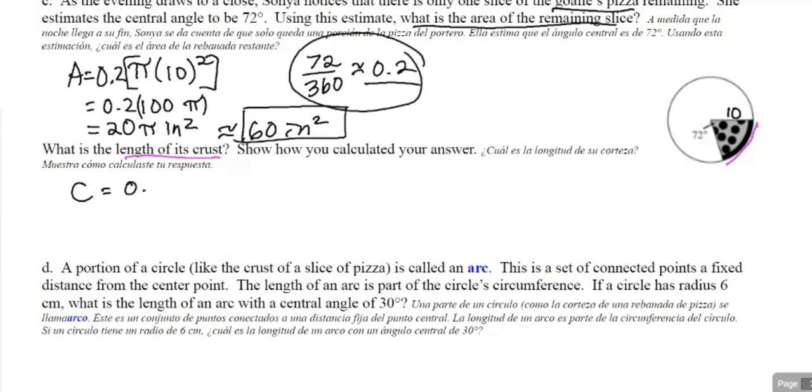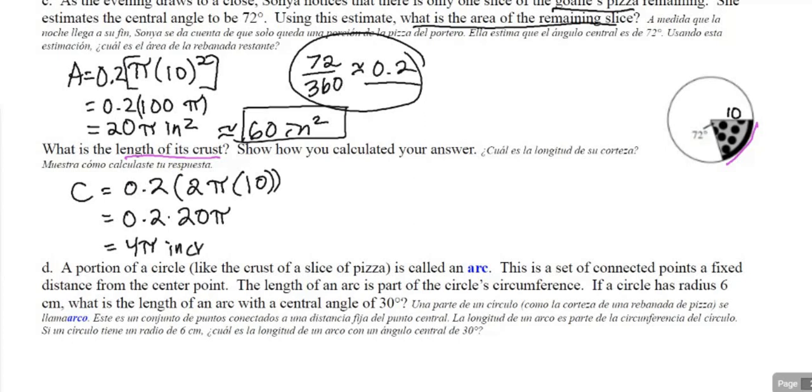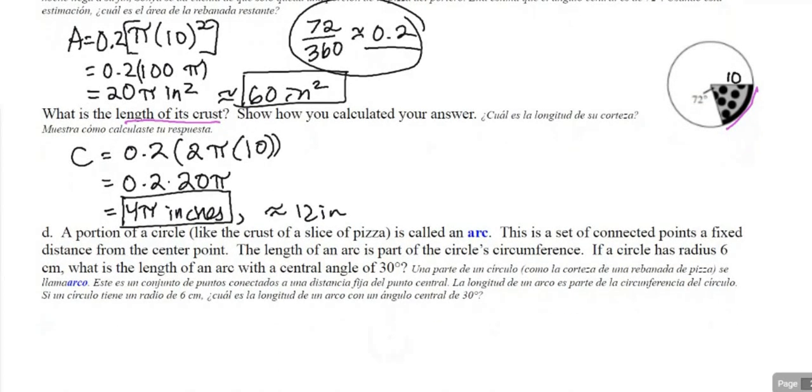So I'm doing 0.2 times 2 pi r, where r is 10, which is 0.2 times 20 pi, a fifth of 20, so that's 4 pi inches, or about 12 inches.